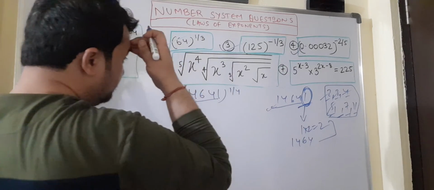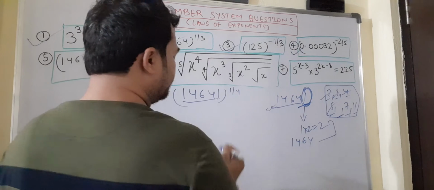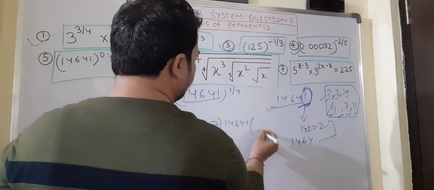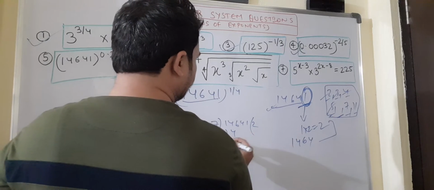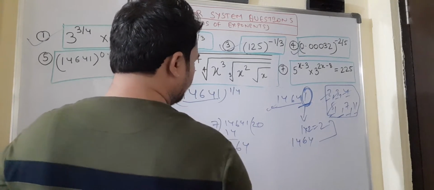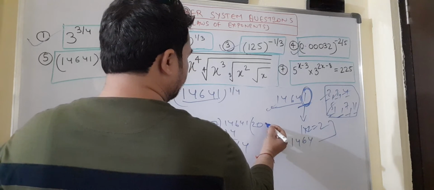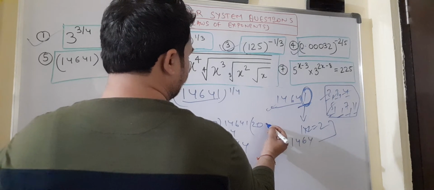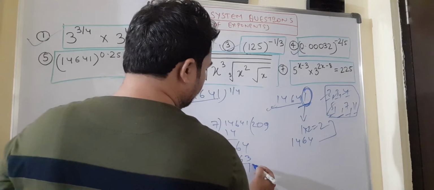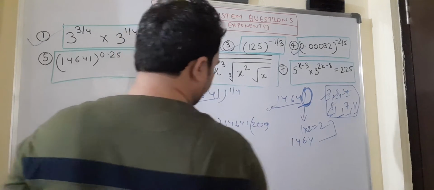If you don't want to remember this divisibility test for 7, you can simply try dividing 14641. 7 2s are 14, 6, 4, 7 9s are 63, 1 and 1.